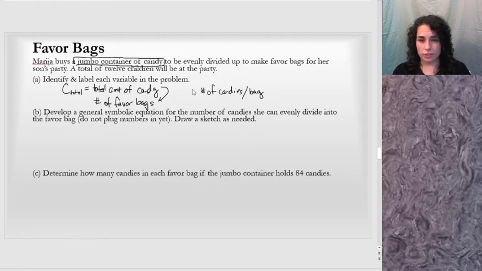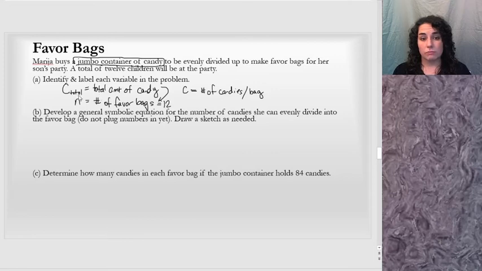I haven't put symbols in here yet. I'm just saying, okay, when I read the problem, these are the constructs that are coming out, these variables. What are the quantities, right? We do know the number of favor bags, 12. So let's assign symbols here. I call this little c the number of candies per bag, and I'll call this n, number of favor bags. It's arbitrary what you call those. You may have thought of other variables in there.